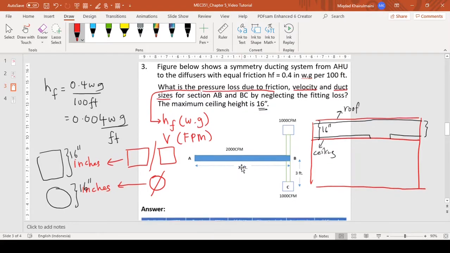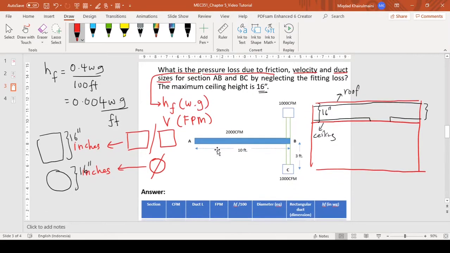So we have A to B and then B to C, as requested by the question. For A to B, CFM is 2000, the length is 10 feet. From B to C, the CFM is 1000, and the length is 3 feet.